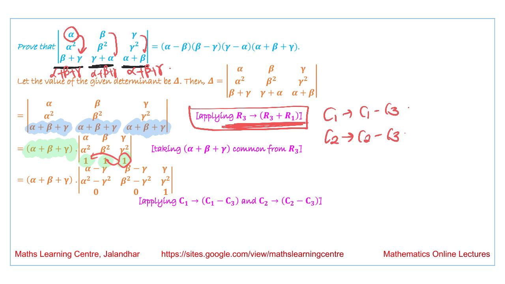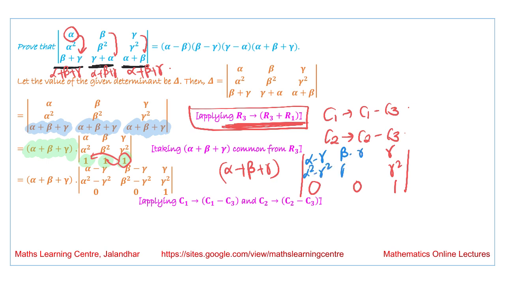So what we will get from this is alpha plus beta plus gamma is there. Then we are talking about the value of the determinant. It is 1, 0 and 0. This value is gamma square and this is gamma, and we are subtracting the other values over here. So we will get alpha minus gamma, beta minus gamma, alpha square minus gamma square, beta square minus gamma square.